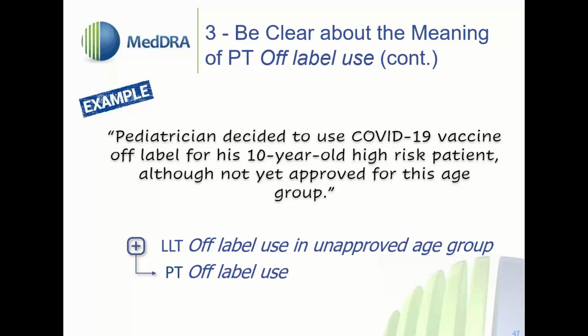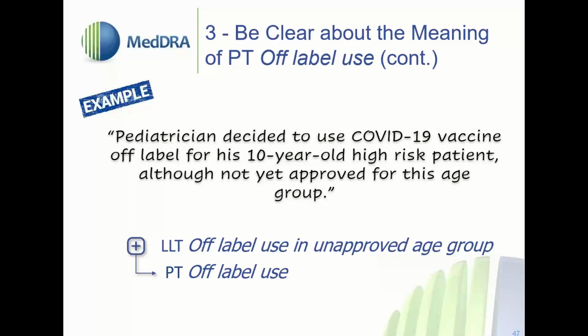Based on the therapeutic considerations, he wanted to protect his 10-year-old patient from an infection. And we are told that he decided to use the COVID-19 vaccine off-label, meaning that the vaccine is approved, I should say, for prophylaxis of COVID-19 in the respective country, but not for this age group.